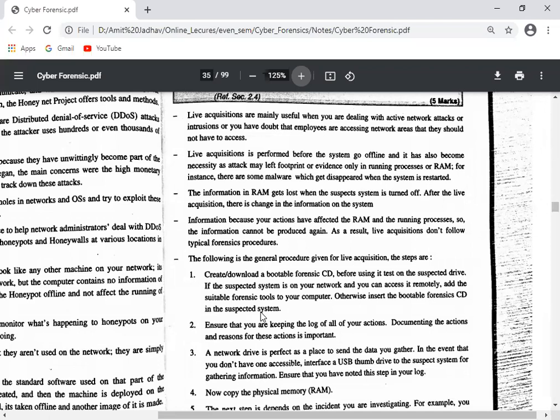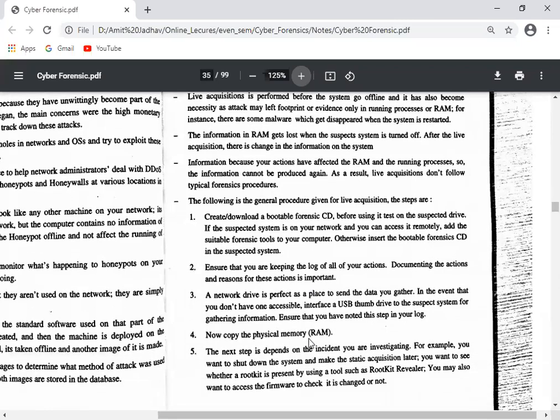Step two: ensure that you are keeping a log of all your actions. Documenting the actions and the reasons for those actions is important. So here we must track all the information regarding what actions we perform while handling the incident. A network drive is perfect as a place to send the data you gather.